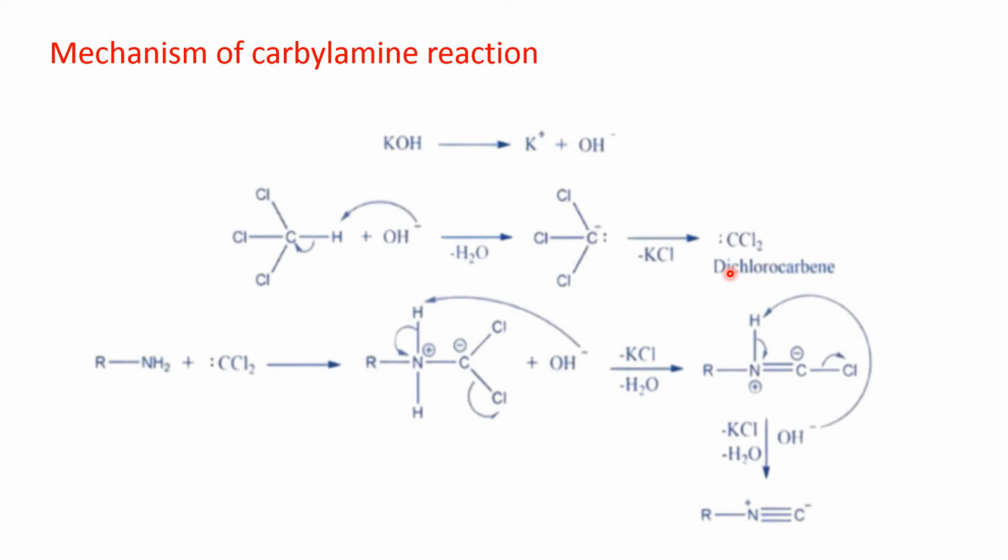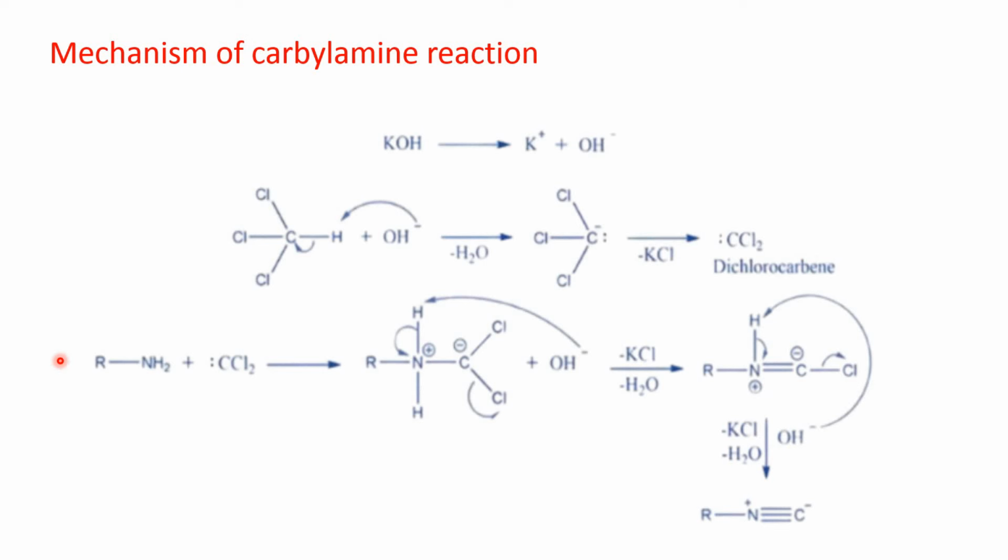This dichlorocarbene has one vacant orbital. See, this carbon is tetravalent. It is attached with 2 chlorine, one orbital contains a pair of electrons and another vacant orbital is there. In the vacant orbital, it can accept a pair of electrons. So, these carbenes are electrophiles.